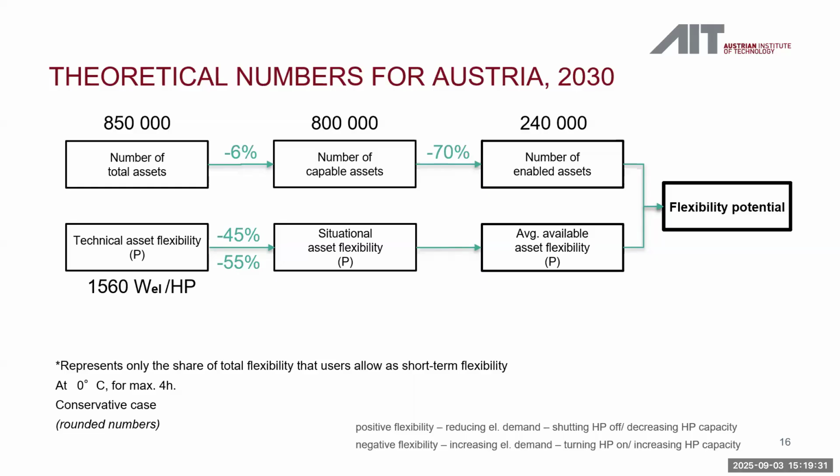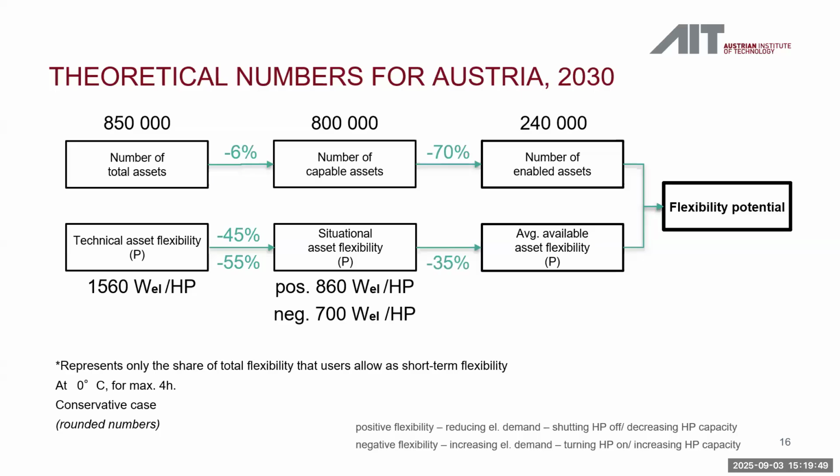Now, if we look at the situation, we already have to distinguish between positive and negative flexibility. And we arrive at 860 and 700 watt per heat pump.